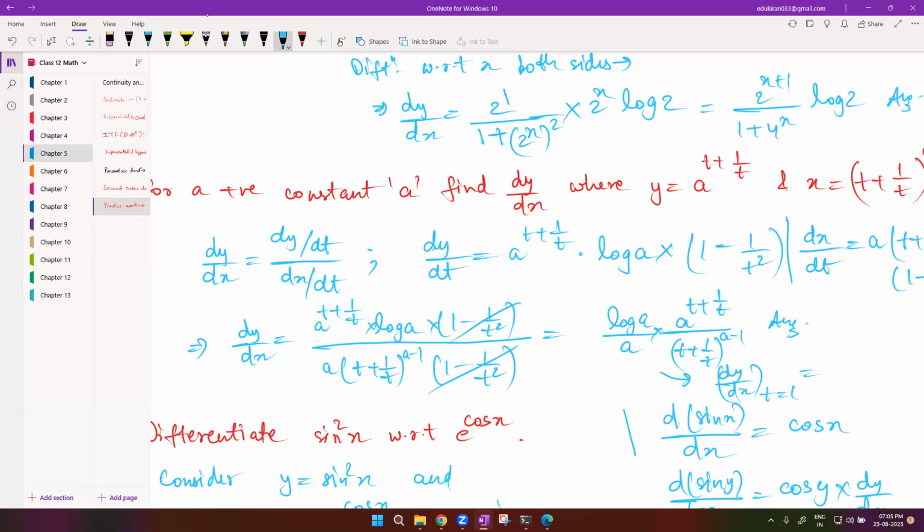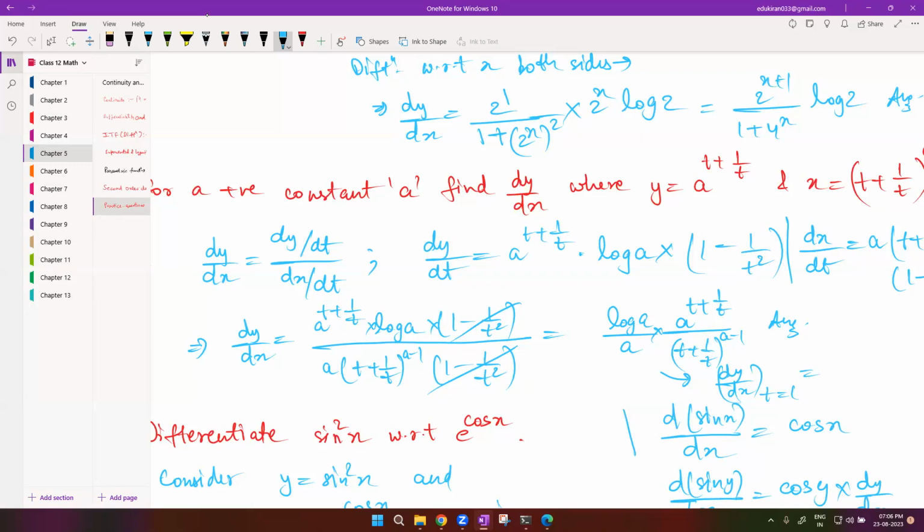So in that case, t is equal to 1. I will put the value of t because the variable is right now t. But I can certainly find out the value of dy by dx at different values of variables. I just need to put that variable into the equation. In this case, if you put t is equal to 1, t plus 1 upon t will become 2.